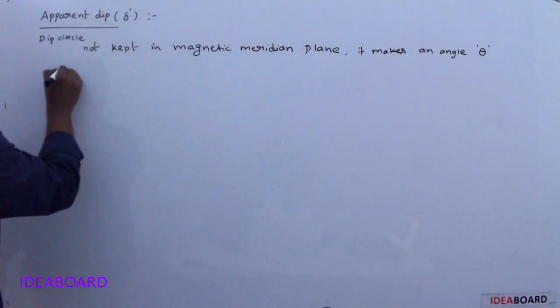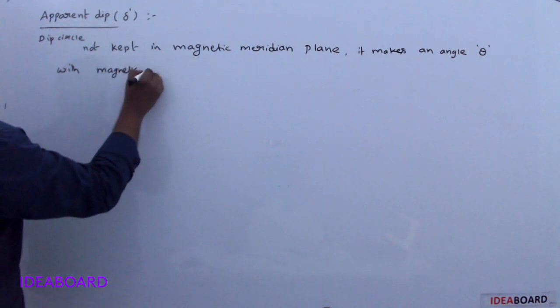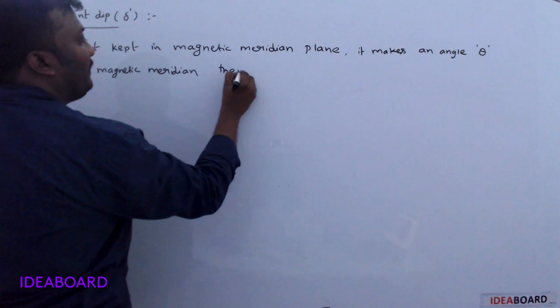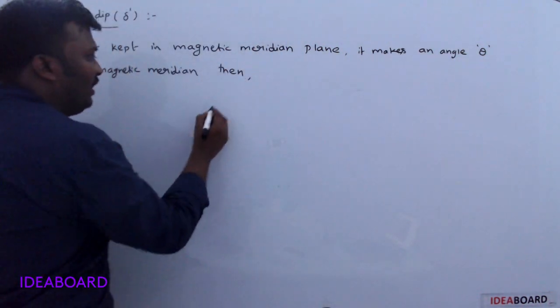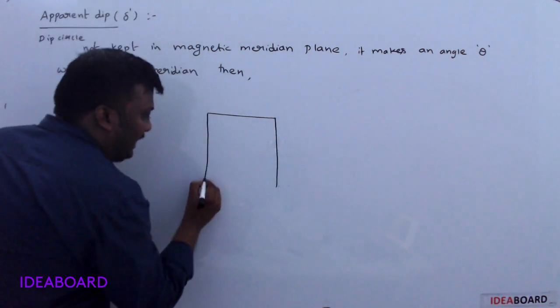it makes an angle theta with the magnetic meridian. Then what happens? Let us see. We said this is the magnetic meridian plane.